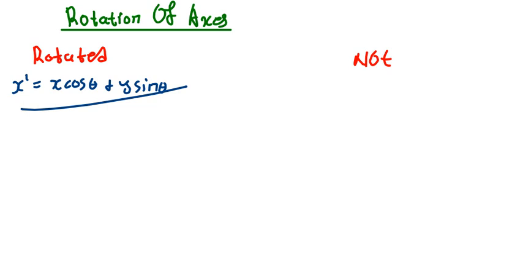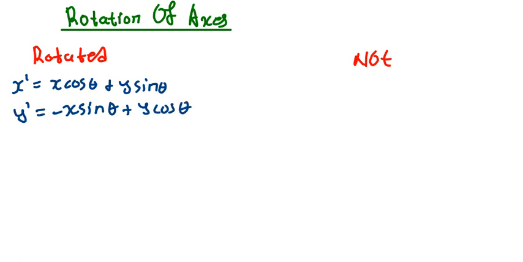It's very easy to derive, but I doubt they can ask you to do that. Then your y prime will be equal to minus x sine theta plus y cos theta.